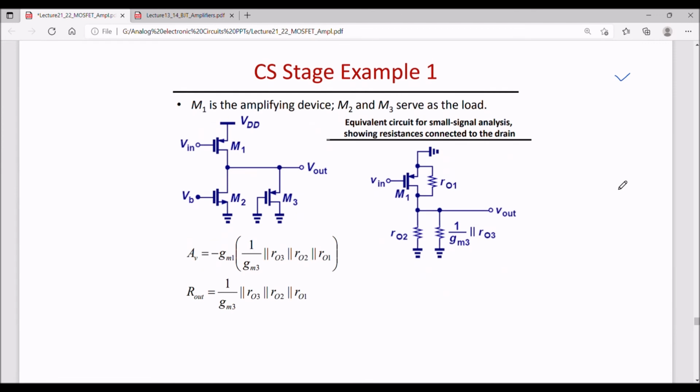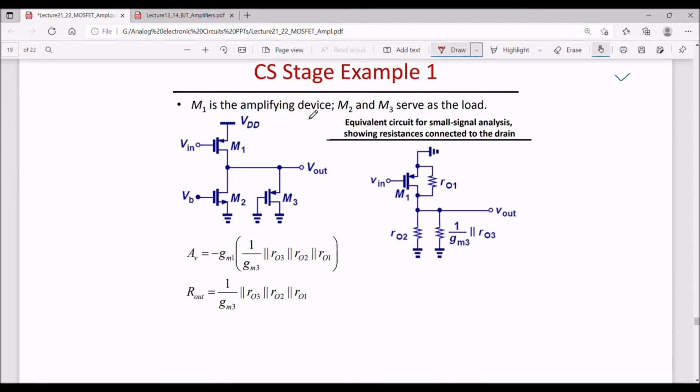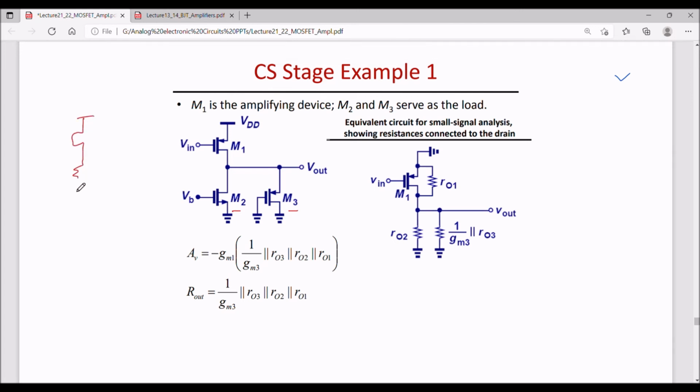Now let us consider some examples of common source stage. So for example, this circuit. In this circuit, transistors M2 and M3 are acting as load. That means I have two loads connected in parallel at the output.